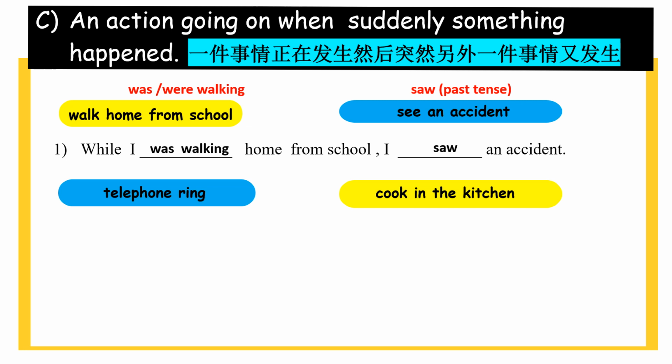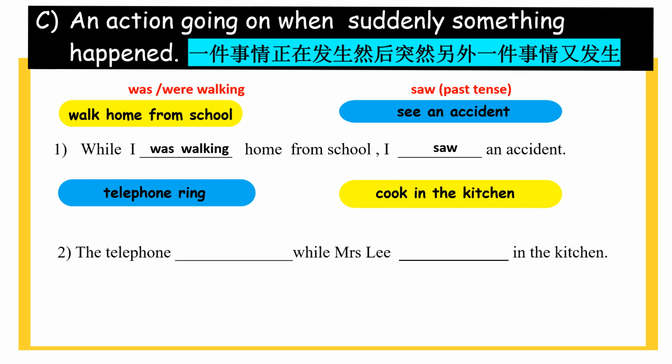So which is the action going on? 正在发生的是什么？可以不可以讲正在电话正在响，突然间煮？不能啊，它是正在煮。OK，在 kitchen 正在煮饭，突然间电话响。True? Okay, so the action going on must be was were ing. So can you write was were ing at the top there? Say was were ing, was were cooking.